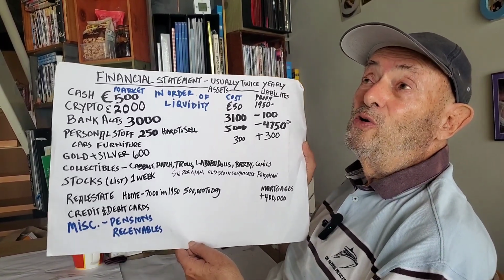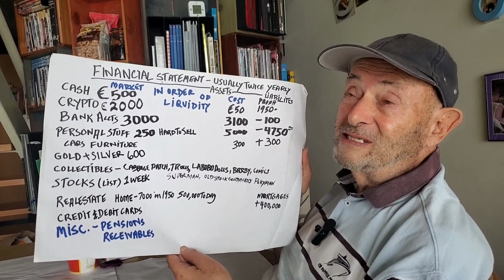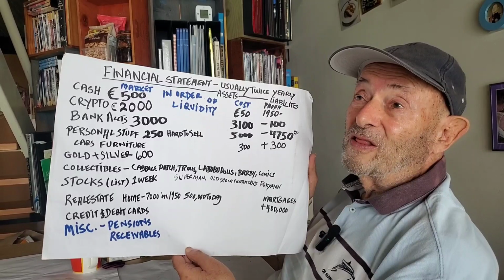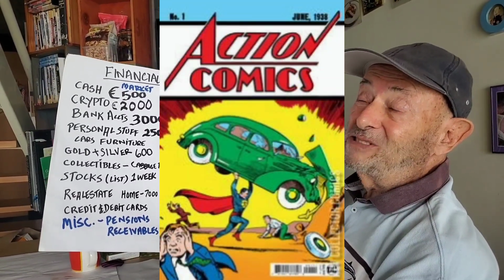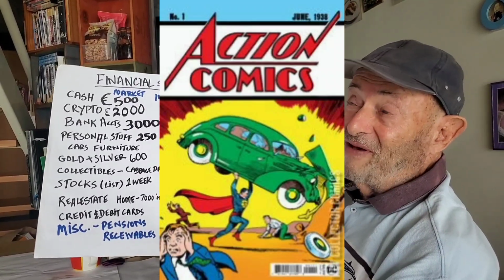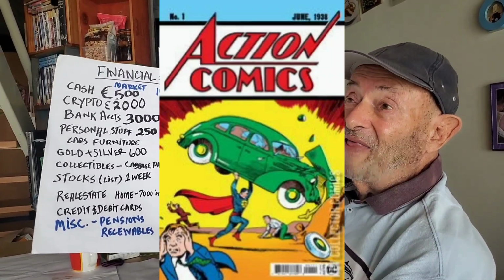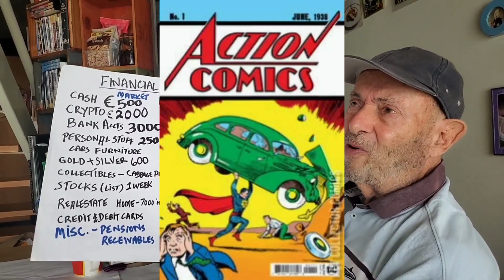I had a huge collection of comic books, and among them was the first edition, the first issue of Superman. And my cameraman just told me that that could be worth over $1 million. Hard to believe anybody would pay that for what was, I think, a 5 cent or 10 cent comic book.